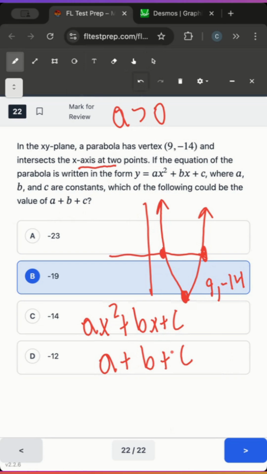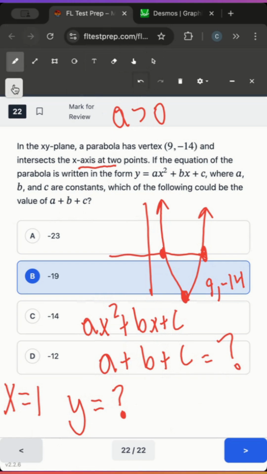Well, what does x have to be for a plus b plus c to occur? Think about it. x would have to be 1, right? So 1 squared is 1, a times 1 is a, b times 1 is b, and then you'd have c at the tail end. And so when x equals 1, basically, what y equals is what they're asking me.